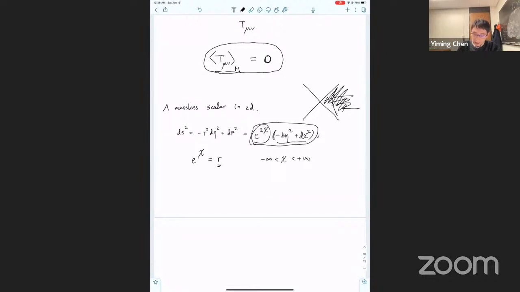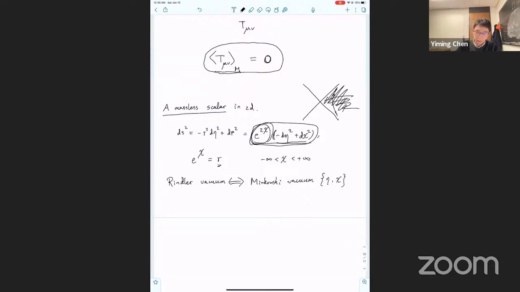The reason that a conformal frame is useful is because here I'm considering a massless scalar. A massless scalar is a conformal field, and it doesn't really care too much about the factor in front. If we are now considering the Rindler vacuum, because we want to know the UV divergence in the Rindler vacuum, that will be equivalent to the Minkowski vacuum for the massless scalar in coordinates eta and chi.